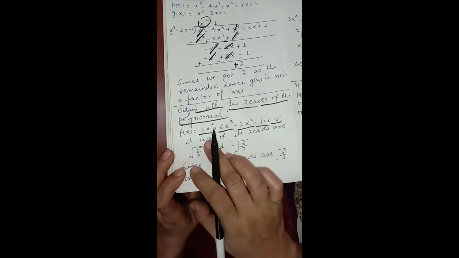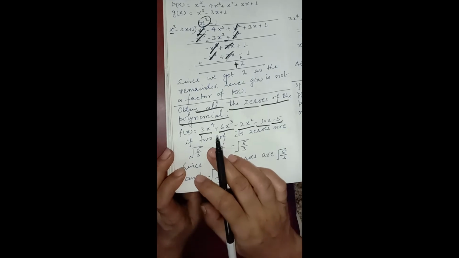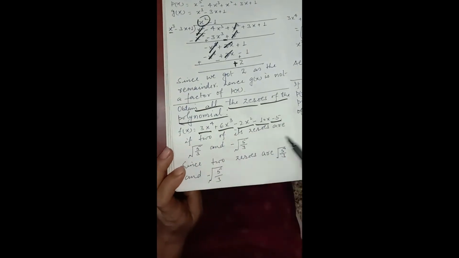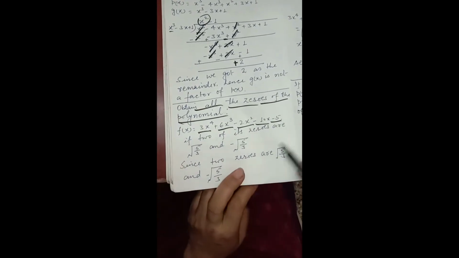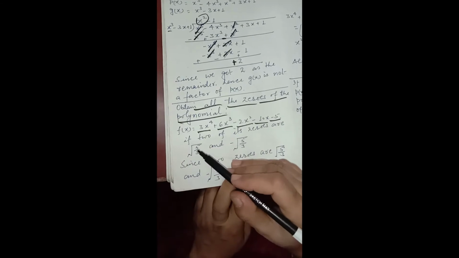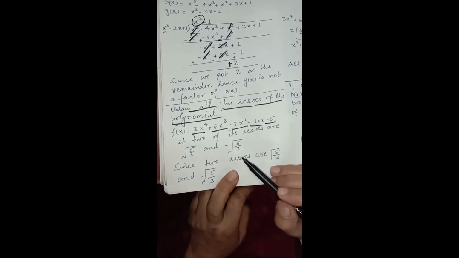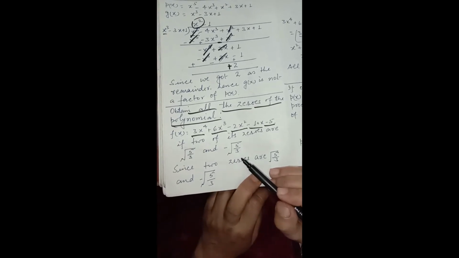The highest power of the variable is 4, so its degree is 4. So it will have 4 zeros, and 2 of its zeros are given here as plus root 5 by 3 and minus root 5 by 3. We have to find the other 2 zeros.